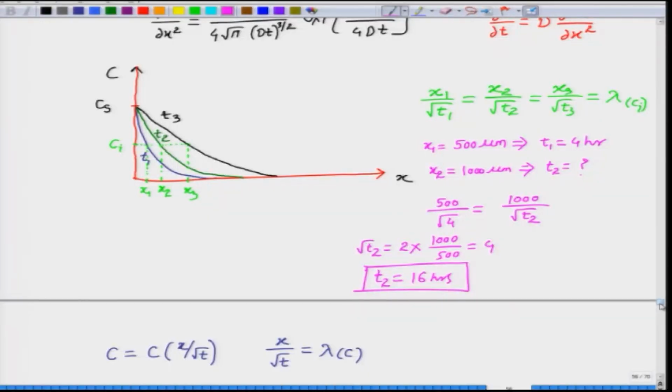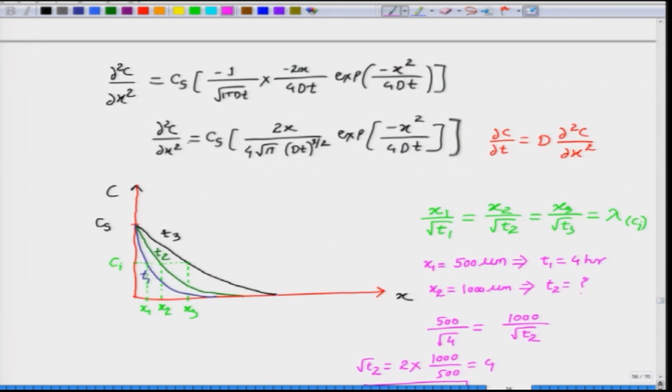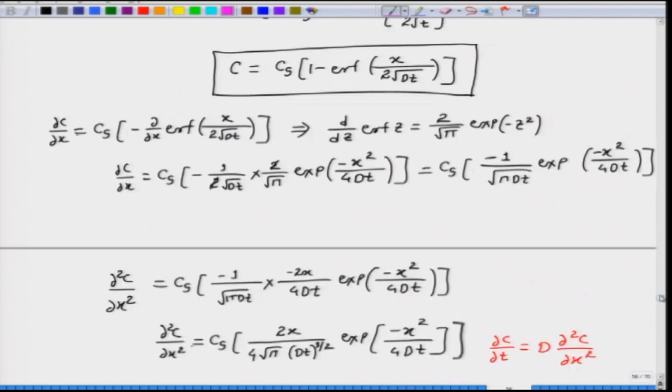So, this is a typical error function solution, C is equal to Cs times 1 minus error function of x over 2 root Dt, and we want basically the distance at which concentration drops to the original concentration, that is 0. And from this equation we will see that is where the error function of x over 2 root Dt tends to 1. Now, mathematically what is the value of z for error function z to be 1?